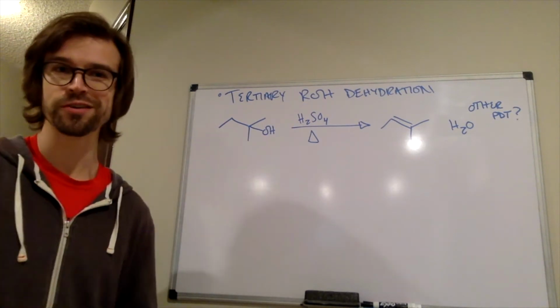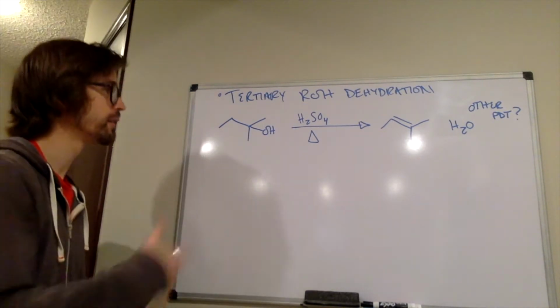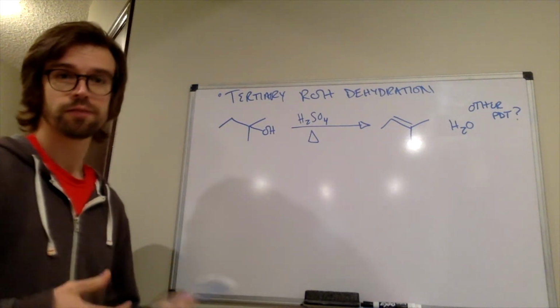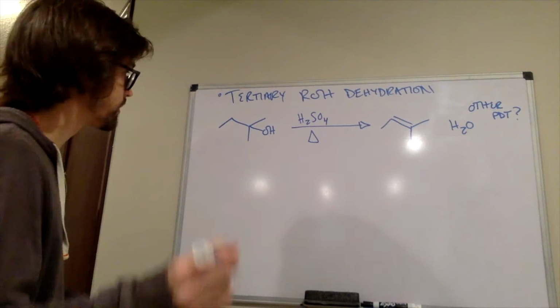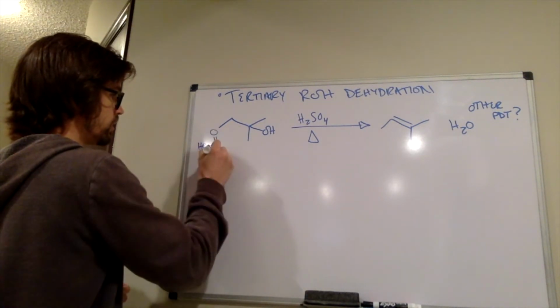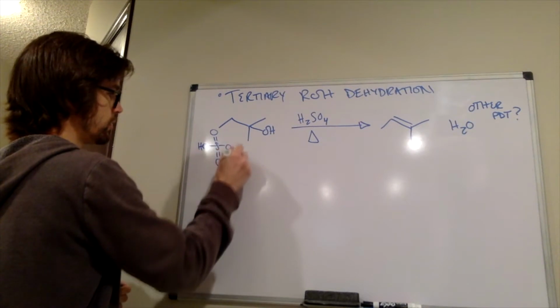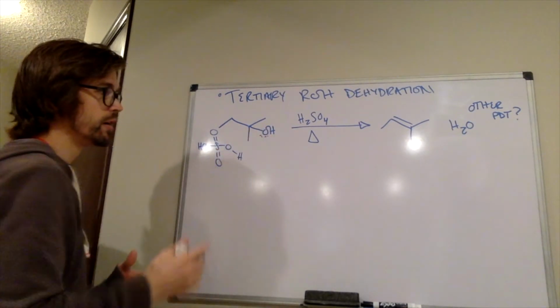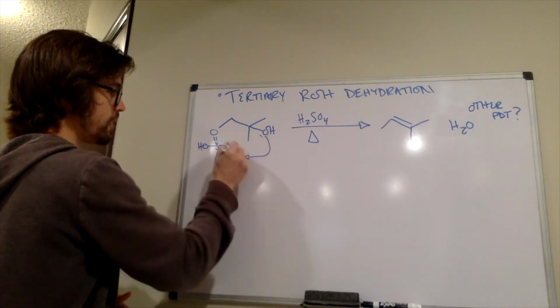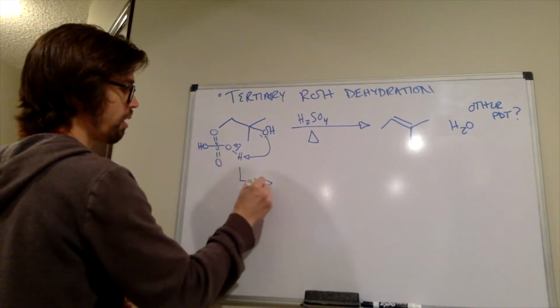So you're paused. You're doing that right now. Now we're back. All right, so tertiary alcohol, same functional group. Functional groups do very similar things, so this is going to do the same thing. We have our sulfuric acid. We have our alcohol. It's a base. This is an acid, so we're going to get that same acid-base transfer.